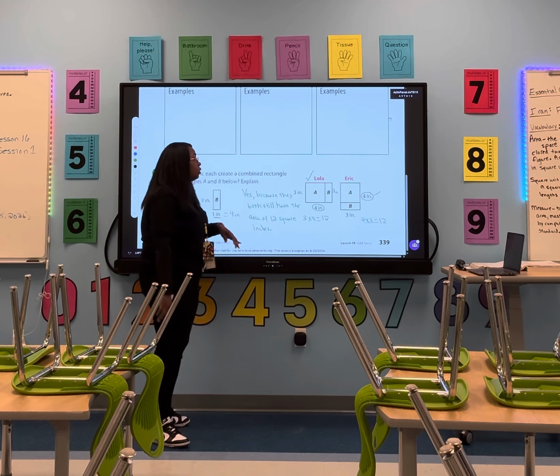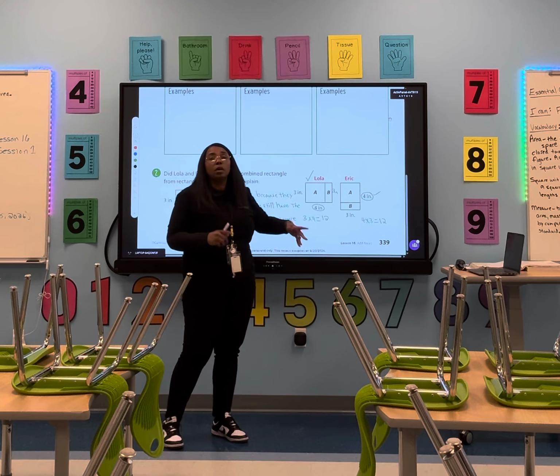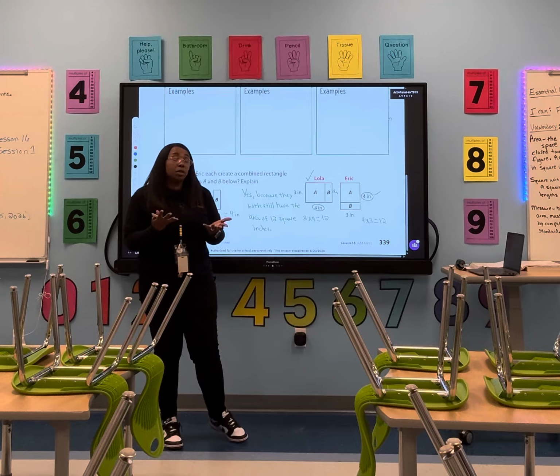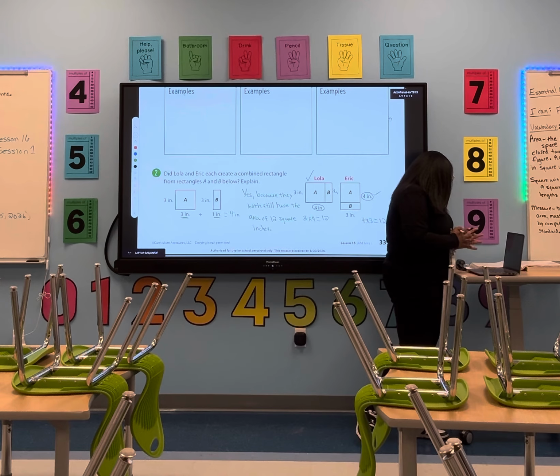And they both still use the same numbers. They just switch their order. They both still have the 3 and the 4. The orders may switch, but their areas still remain the same. So yes, they both did create a combined rectangle.